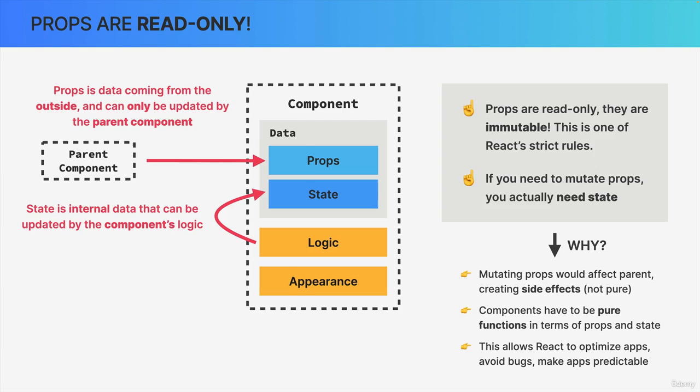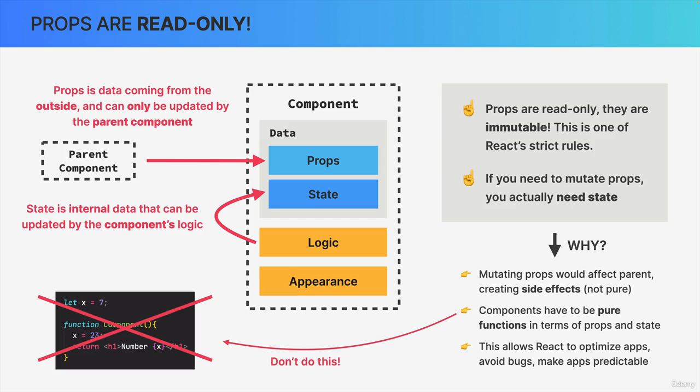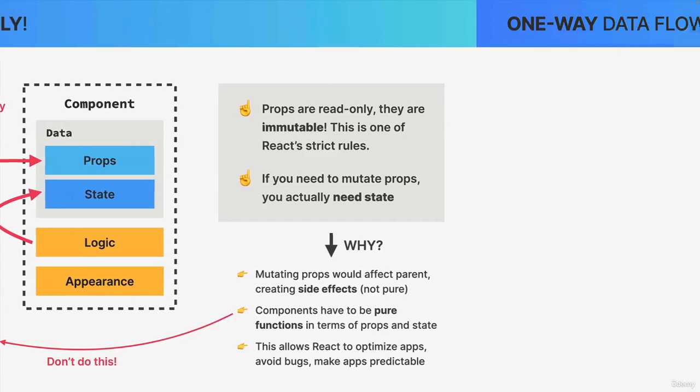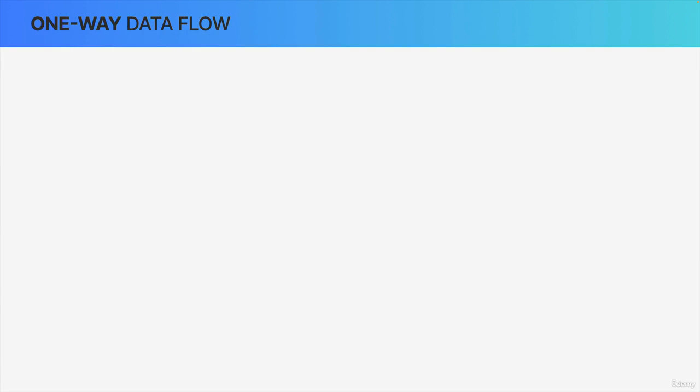And in fact, we can extend this idea of immutability to React development in general. So a component should never mutate any data that we write outside of its function scope, like in this example here. And now to finish, it's important to understand that React uses a so-called one-way data flow. Now, what does that have to do with props?